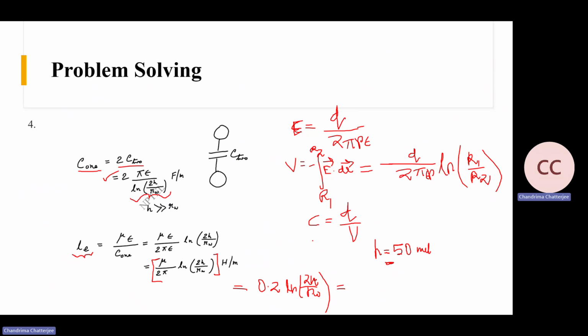We already found out how to convert mil to centimeter. This is 0.2 ln 0.254 upon rw, which is 5 gauge, so 0.025 centimeter.